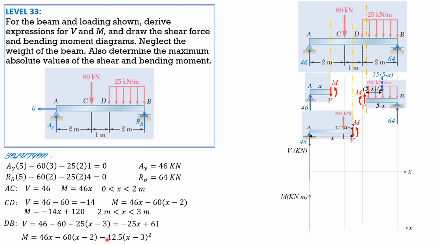So that's why it reduces to 25 over 2, or negative 12.5 times x minus 3 squared. Simplifying, moment is negative 14x plus 120, then minus 12.5. The expansion of x minus 3 quantity squared is x squared minus 6x plus 9. Simplifying further, moment is negative 12.5 x squared plus 61x plus 7.5.